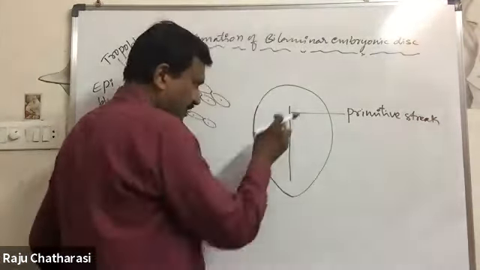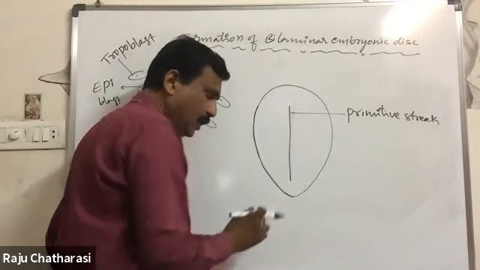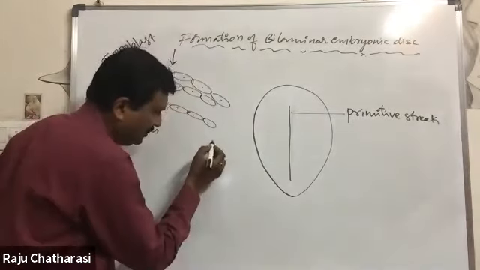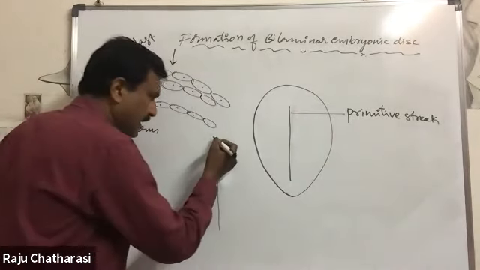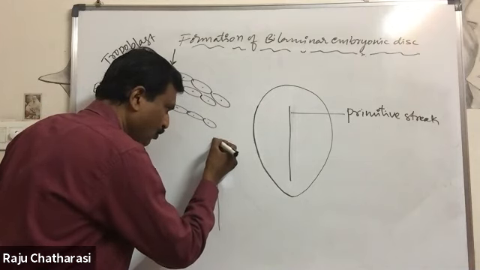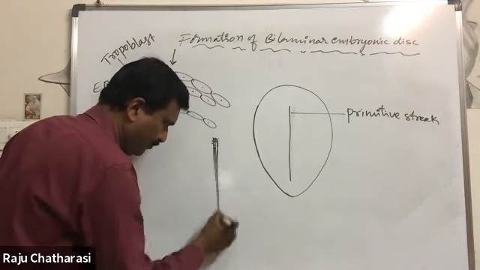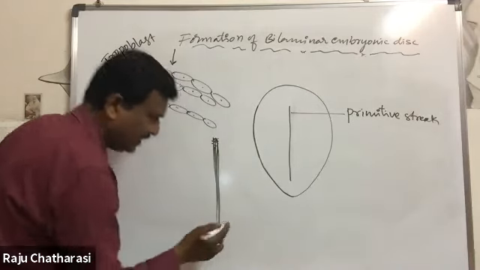Right. Next, along with the primitive streak, a groove appears. Just imagine this is a straight line. Then this line develops into a primitive groove. Groove means a furrow.